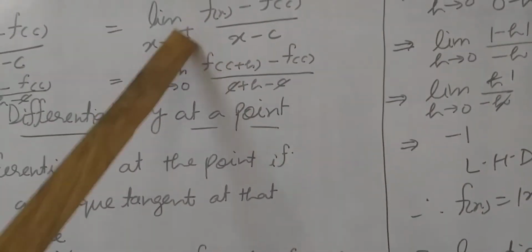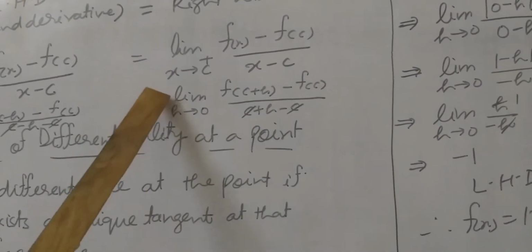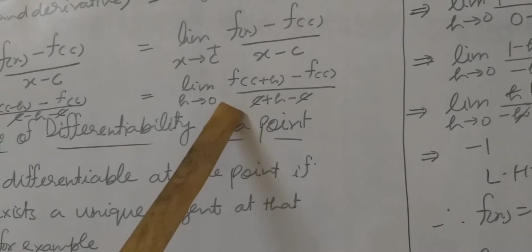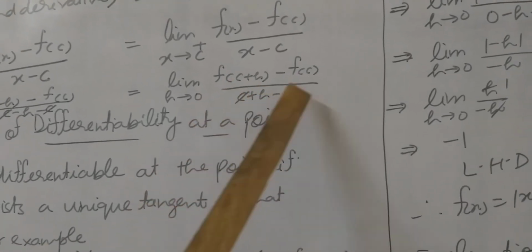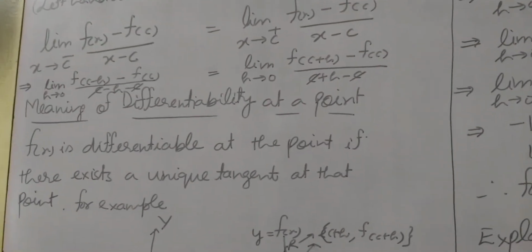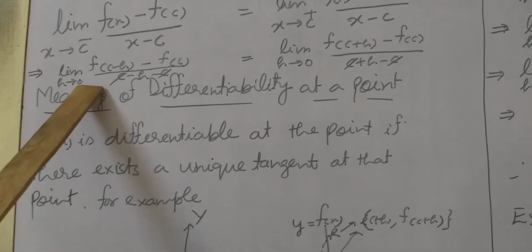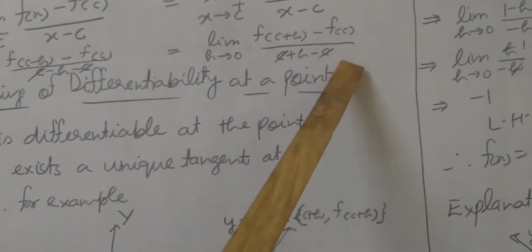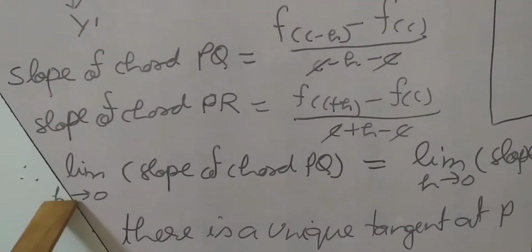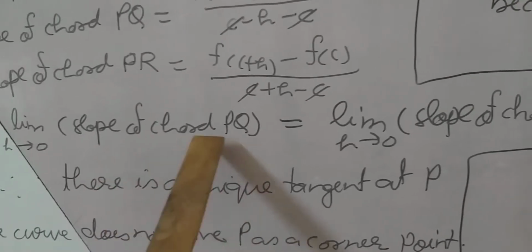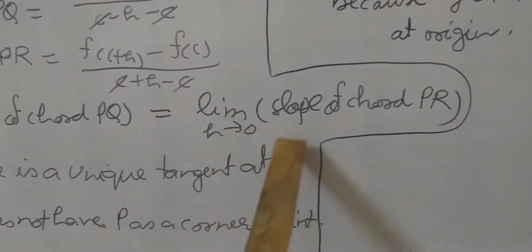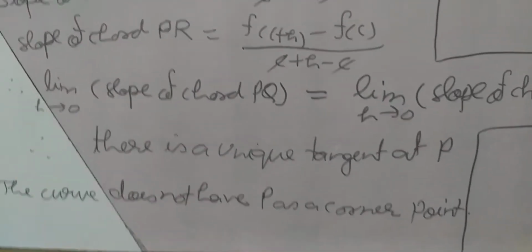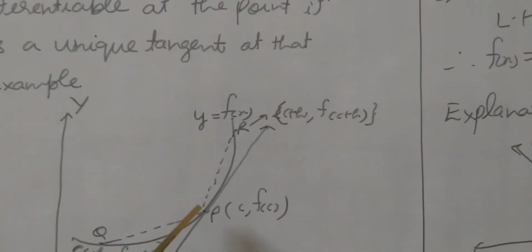So at this place we can write limit h tends to 0 slope of chord PR. So limit h tends to 0 slope of chord PQ equals limit h tends to 0 slope of chord PR. That's why, student, I have written here limit h tends to 0 slope of chord PQ equals limit h tends to 0 slope of chord PR. So both slopes are equal, students.